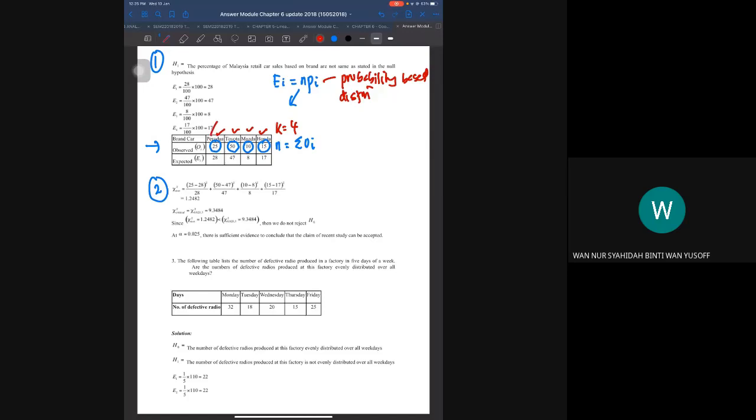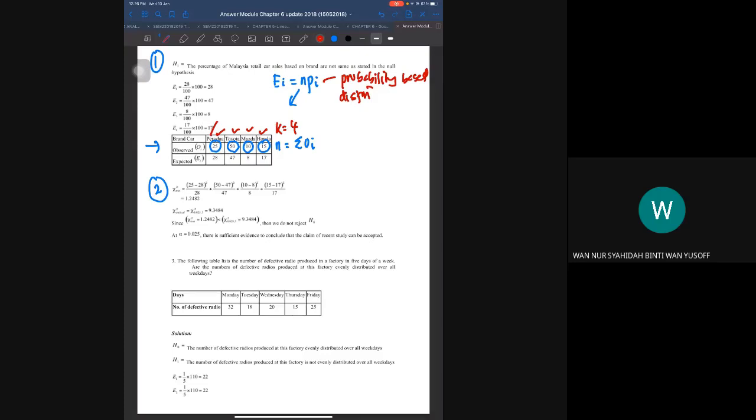What is it? Anyone? If we use the number of categories as our distribution, the probability for the Perodua is 28 over 100 if based on the percentage.